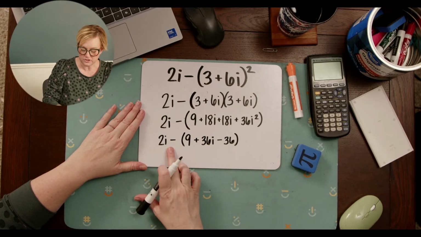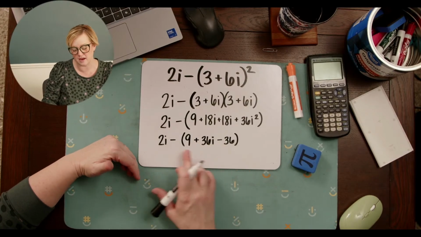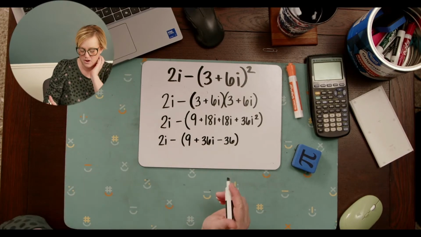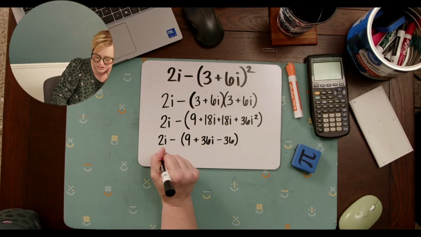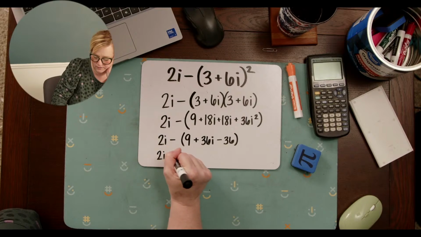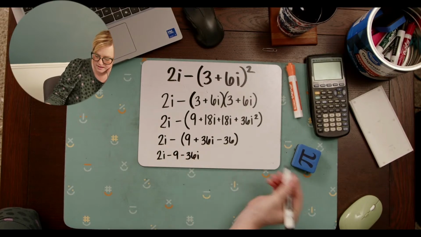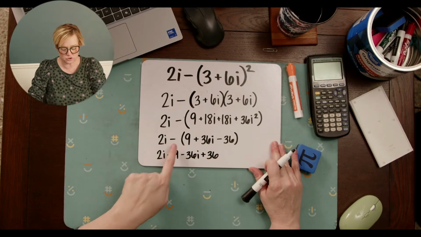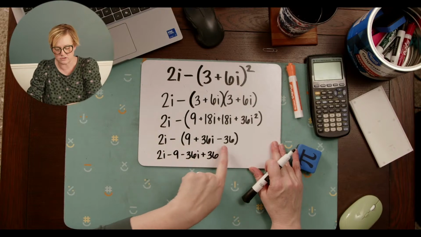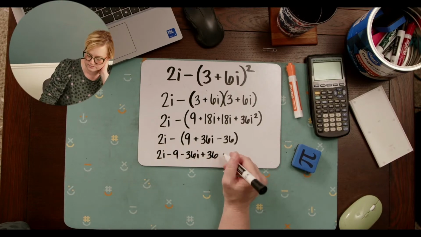Okay, so now we are subtracting everything that's in here, so I can distribute the negative, or I can just keep track of it. But regardless, let's go ahead and distribute that negative. -9 minus 36i plus 36. Okay, so once I've distributed that negative, I flipped all the signs, now I'm going to start combining like terms.